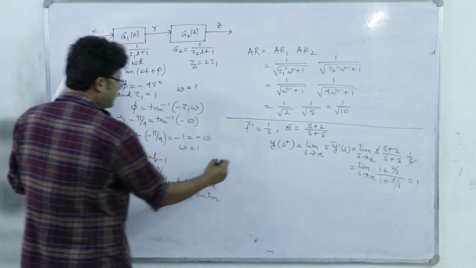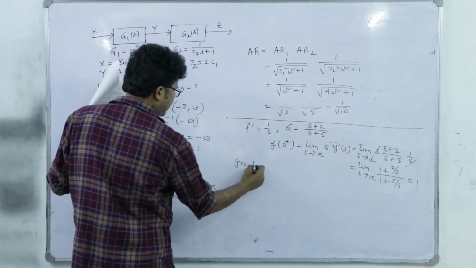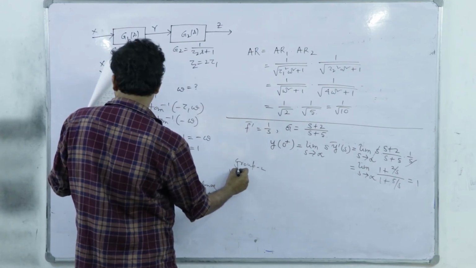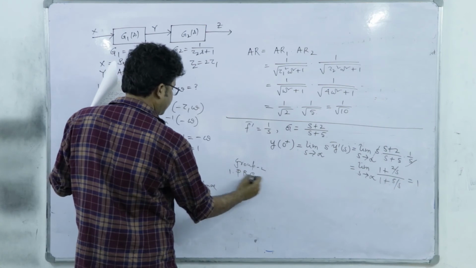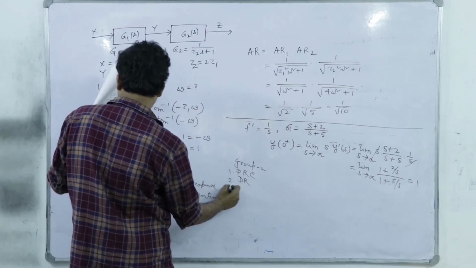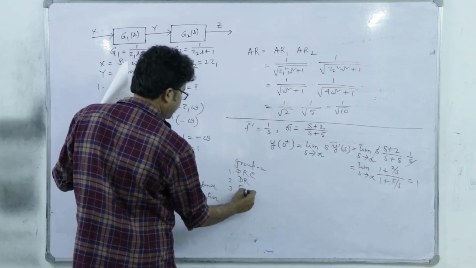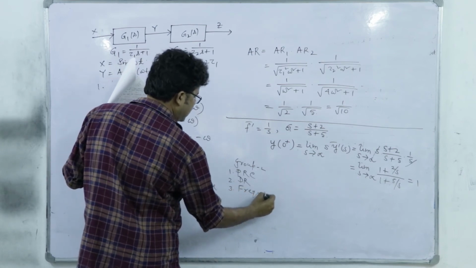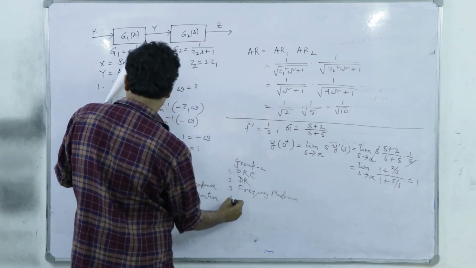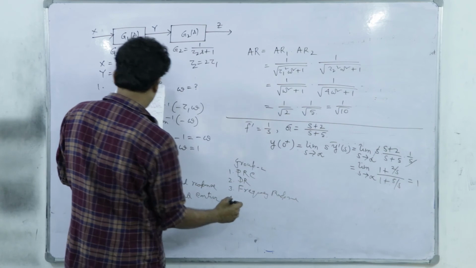Group 2 elements: first, process reaction curve; number 2, decay ratio; number 3, frequency response; number 4, disturbance measurement.